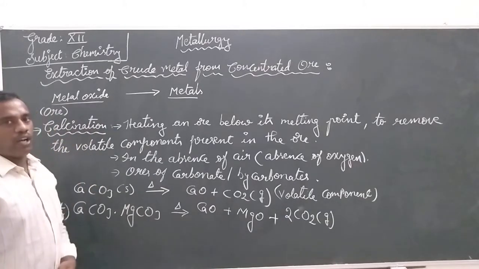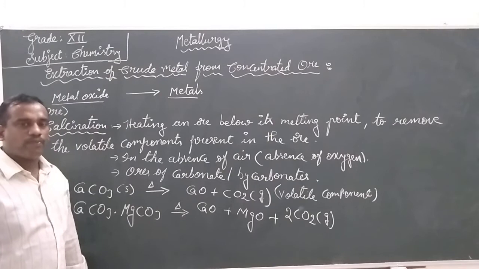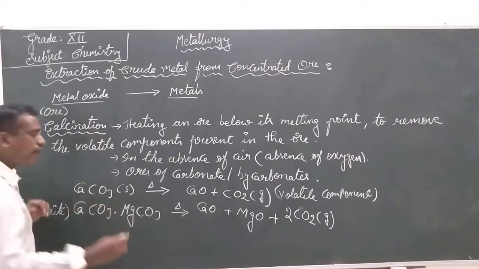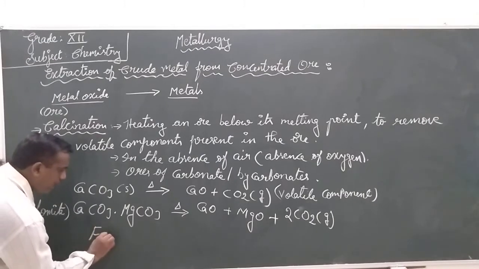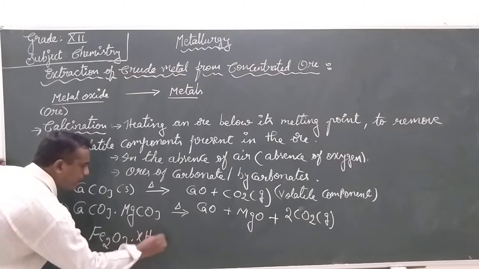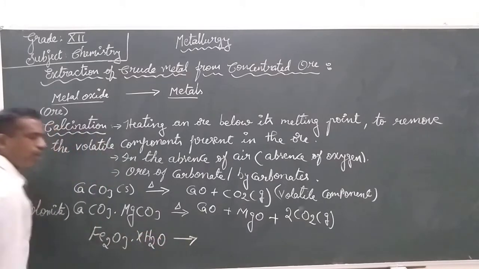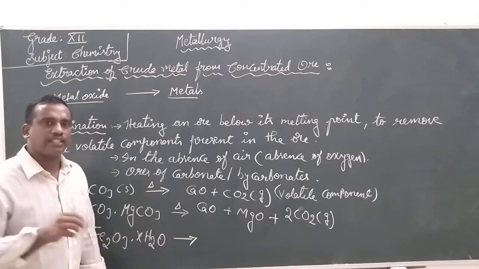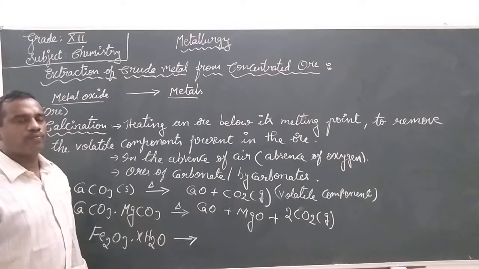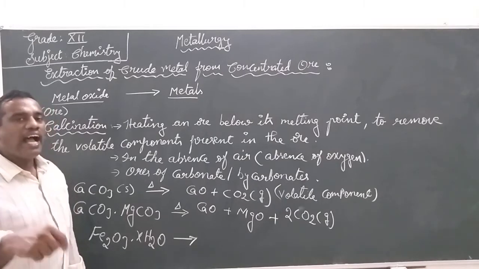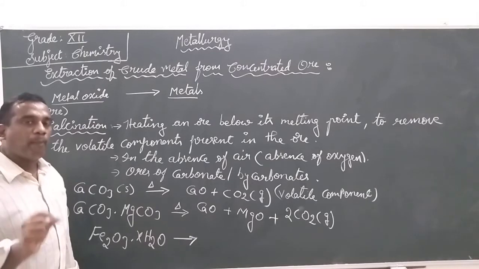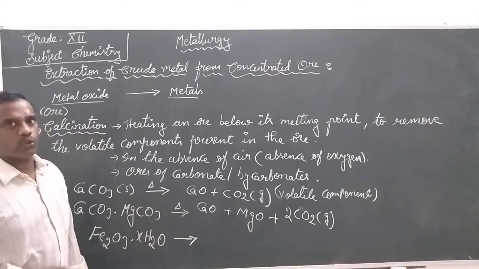We have discussed up to now the carbonates. At times, in the ore of iron, Fe2O3, there will be some water particles present in the ore. We can call it the hydrated ore. What is the hydrated ore? Hydrated ore means it is combined with some water molecules.